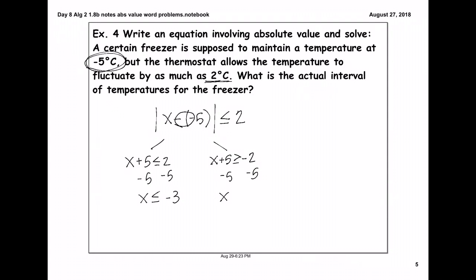And we get x is greater than or equal to negative 7. So when we write this as an inequality, negative 7 is less than or equal to x, which is less than or equal to negative 3. So our freezer temperature can fluctuate from negative 7 degrees Celsius to negative 3 degrees Celsius.